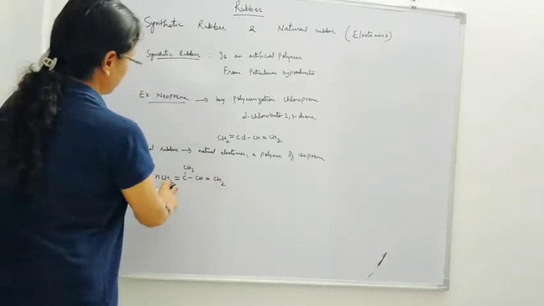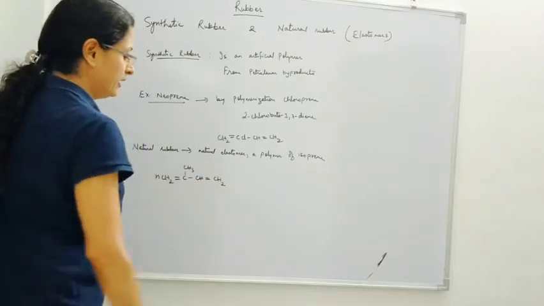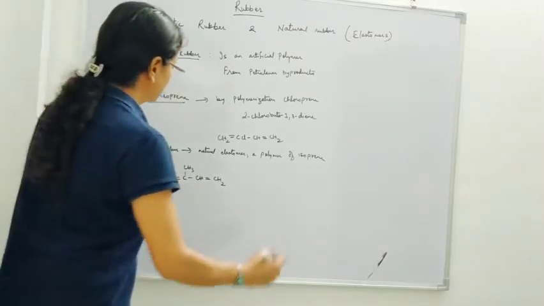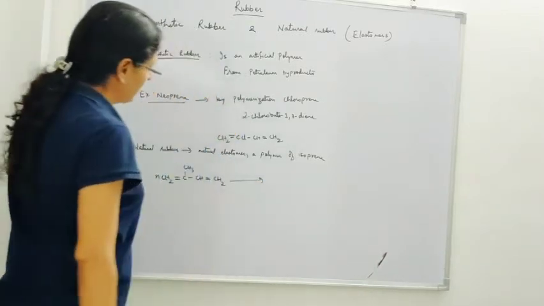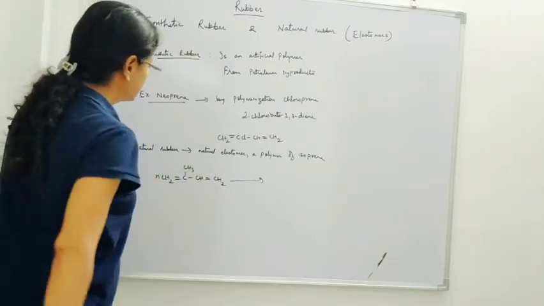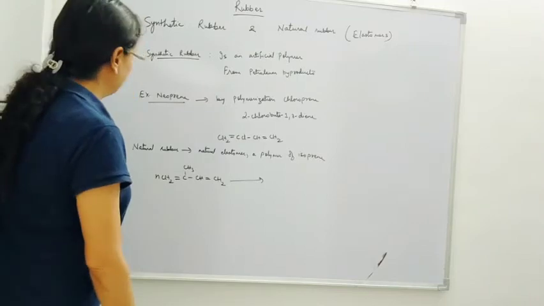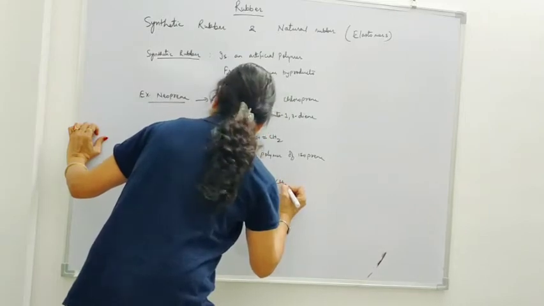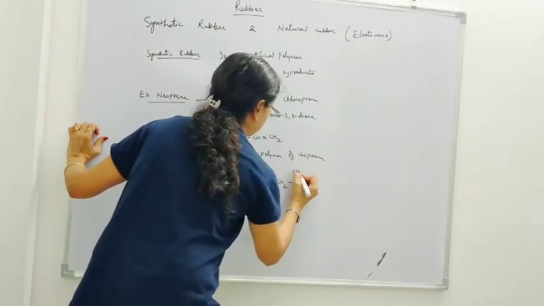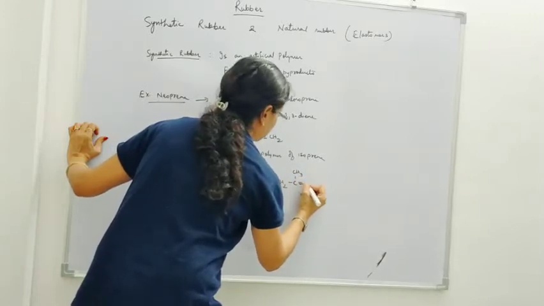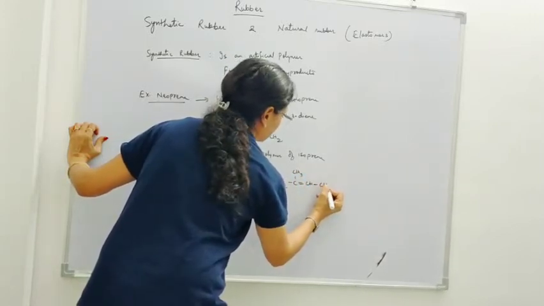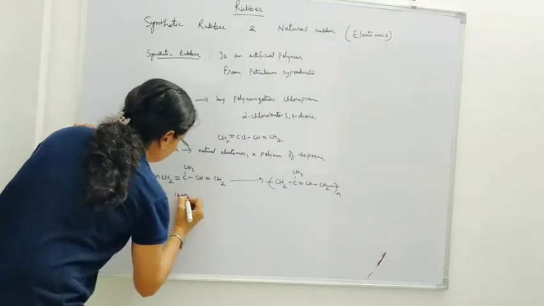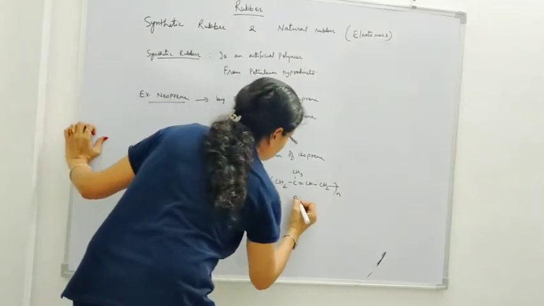There are n molecules of isoprene. This is a monomer unit. It undergoes polymerization to give you a long chain of polyisoprene. How it undergoes polymerization, we need not go into the detail. It only comes as a definition or in the fill in the blanks in your examination. So this is isoprene and this is polyisoprene.